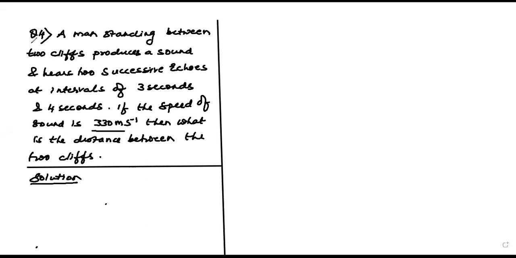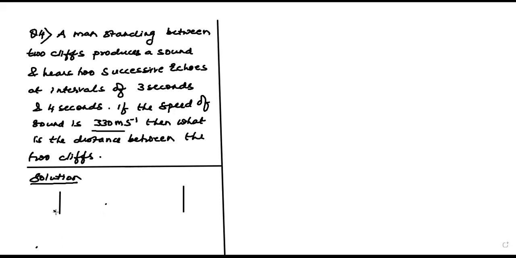That means, just have a look here, children. I'll just try to understand. This is first cliff. I better draw it, one minute, children. This is the first cliff, children. This is the second cliff, children.